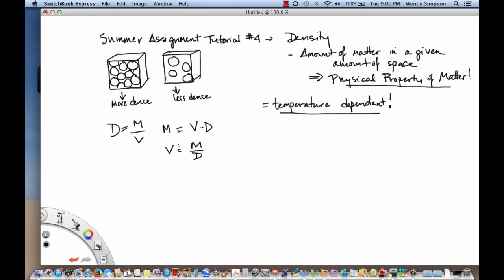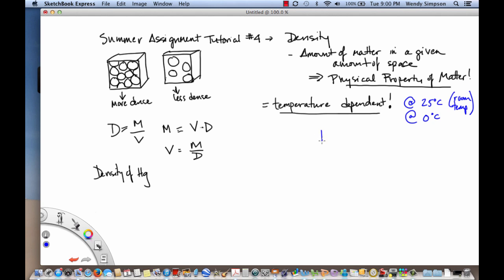Suppose we want to find the density of the element mercury. Remember, density is a physical property. By the way, let me just digress here for a moment. Density is temperature dependent, so a lot of times it'll be measured, for instance, at about 25 degrees Celsius, which is about room temperature, or sometimes at 0 degrees Celsius, which is the freezing point of water.